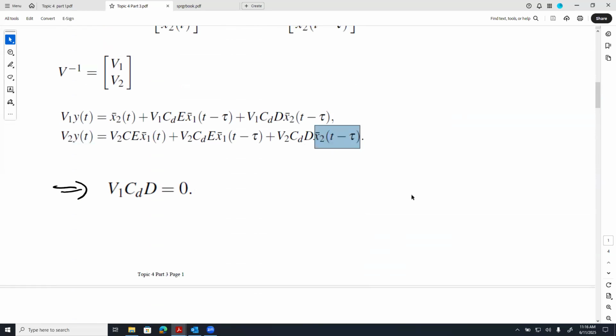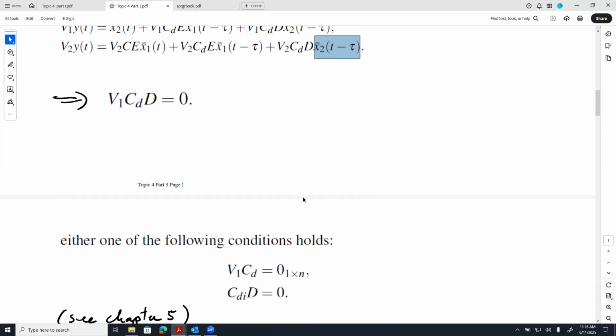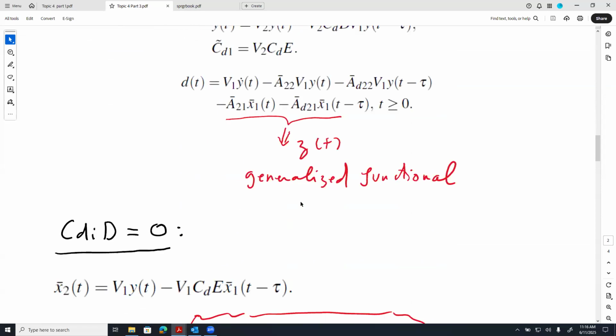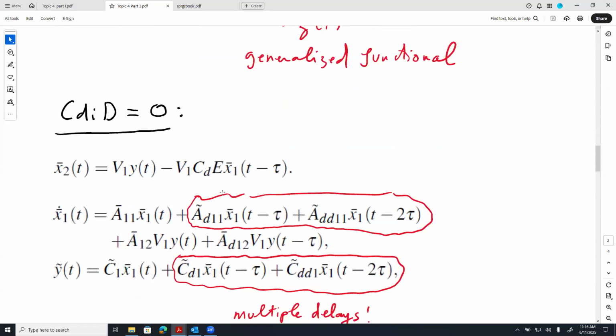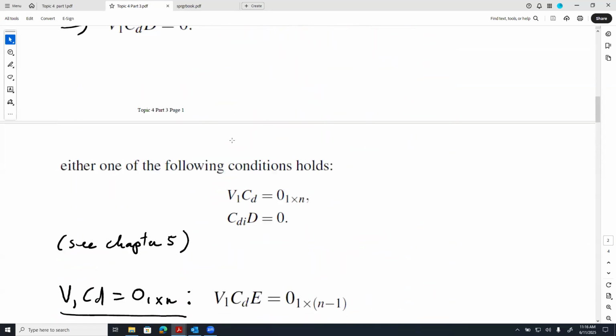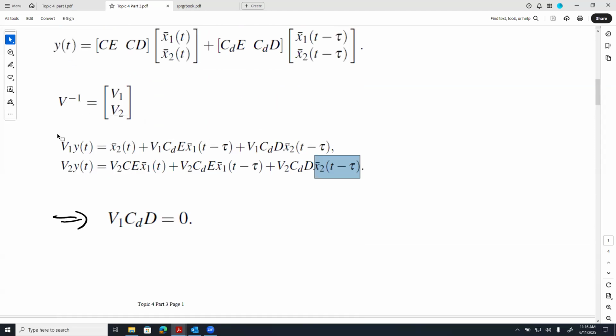This term here is the delay of the output measurement, because y bar 2 of t is this expression in there. So if we delay it, then we will get V1 y of t minus tau.